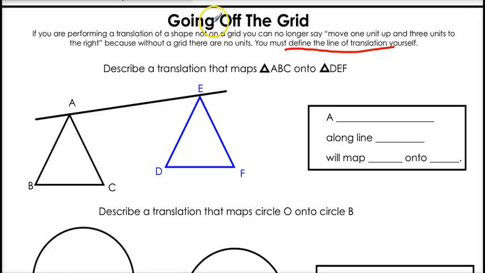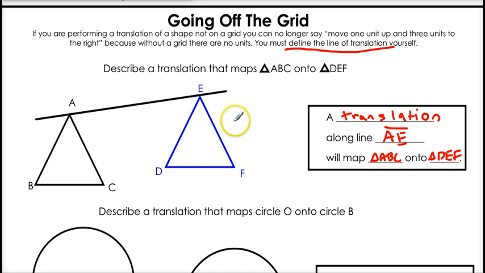This is how you write it. If I want a translation that maps ABC onto DEF, it's going to be a translation along the line AE. AE, don't forget our line over it. And that will map triangle ABC onto triangle DEF.